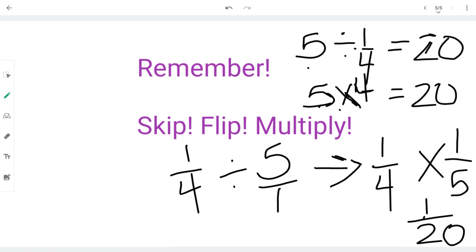Skip, flip, multiply, and you'll get the right answer. It's just getting rid of the division symbol, because multiplication can be much easier in many ways. So whenever you see that division symbol, you can also skip, flip, then multiply, and you'll get the right answer.